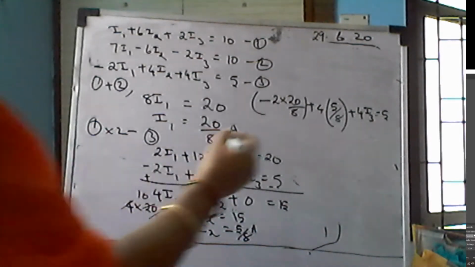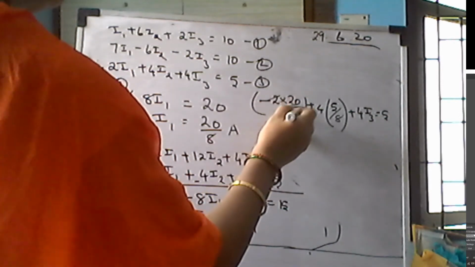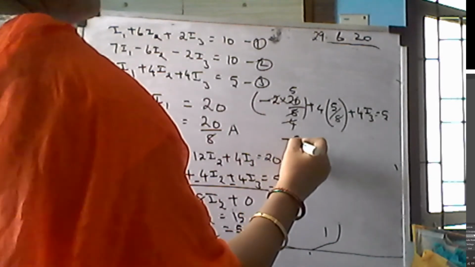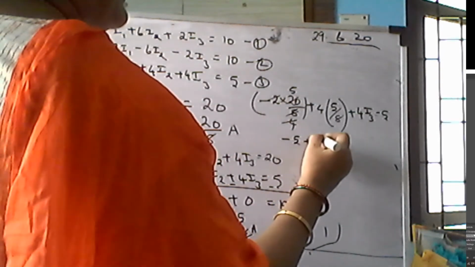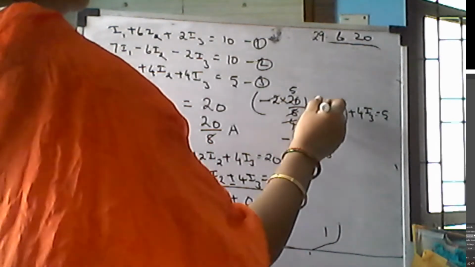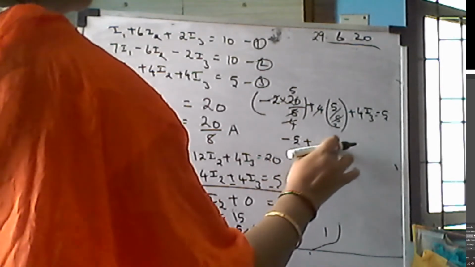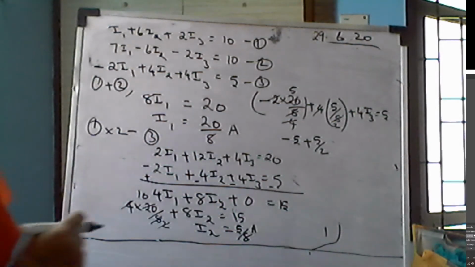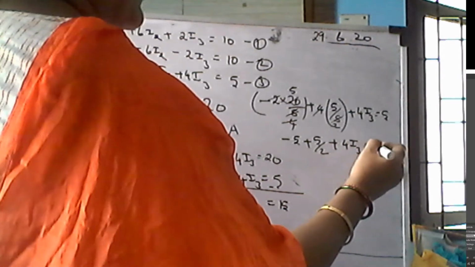So you will be getting here, this is again 4, this 4 and then 5. So minus 5 plus 20 by 8. 20 by 8 is nothing but you can take it as, this is 2, so you can take it as 5 by 2, plus 4I3 equal to 5.